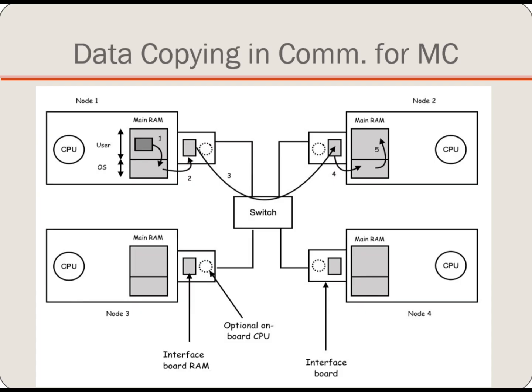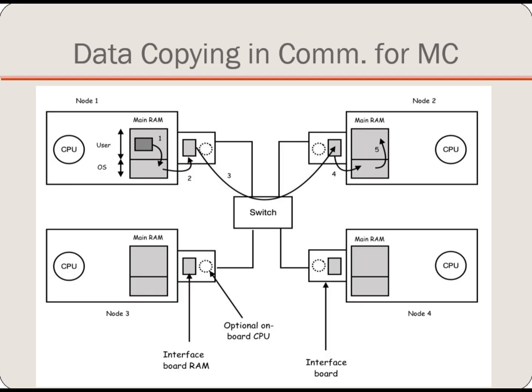So in general, without any special consideration or setup, you need to copy data from user space to the operating system, then to the network board, then go through the switch to the buffer of the receiver, then go to the receiver's kernel and eventually to the receiver's application.